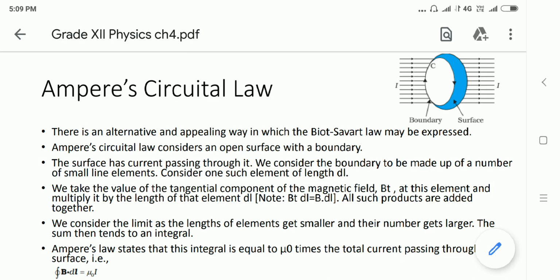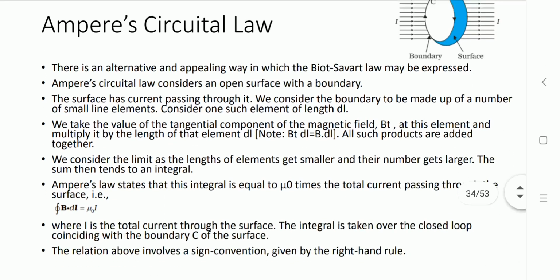Rather than a summation of smaller parts, we integrate over the surface to get the total current passing through the surface. So my equation becomes the integral of B dot dl equals mu 0 into I, where I is the total current flowing through the surface.